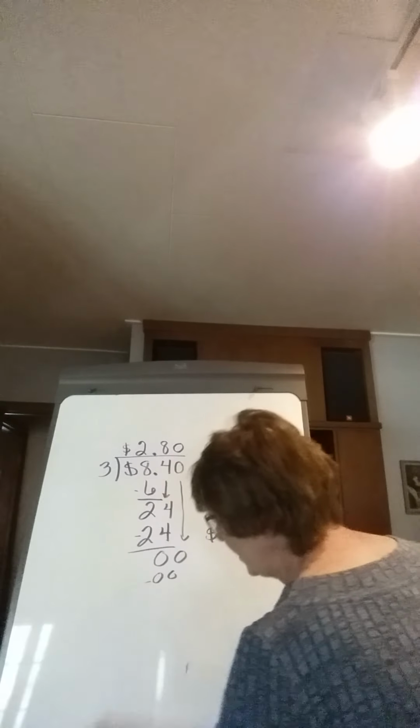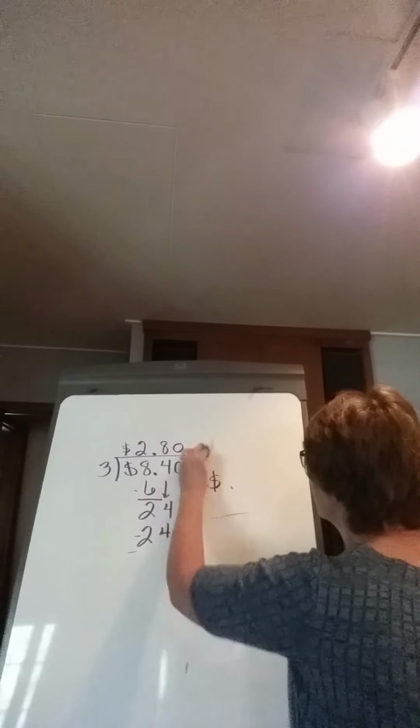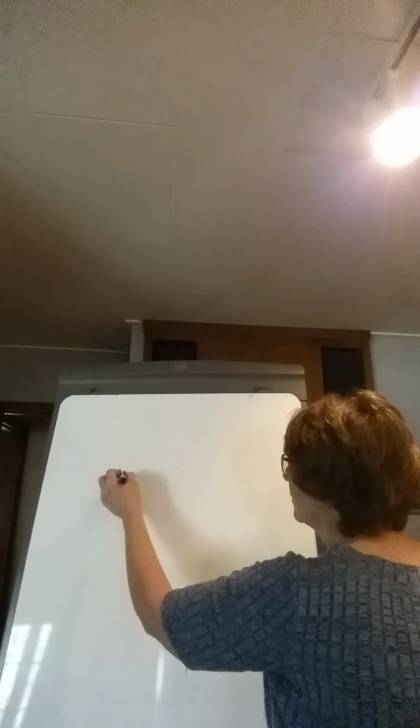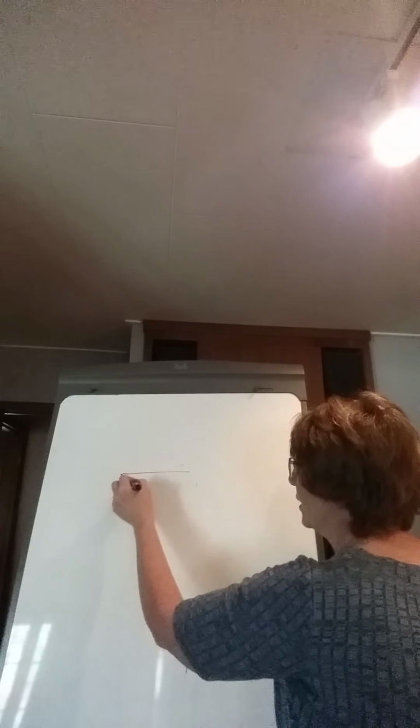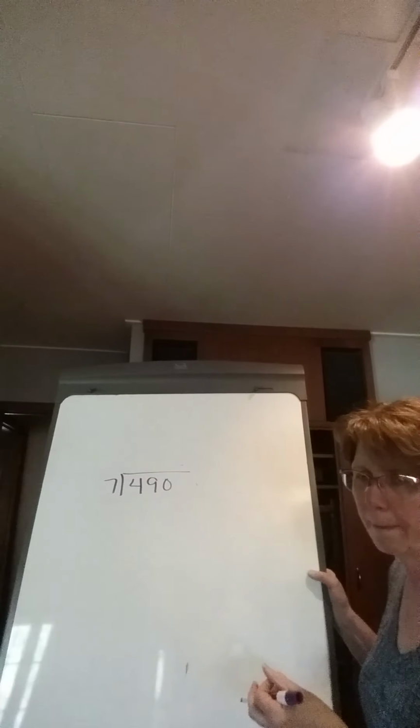Let's do the other example. In just a moment, you're going to start on letters A through F. Example 3 says 490 divided by 7. Even though it shows it across, I still think at this point, you guys, you should probably do it this way.